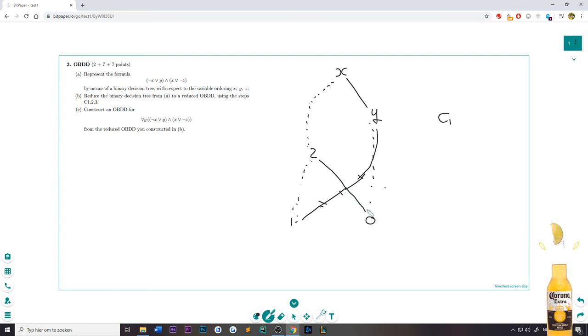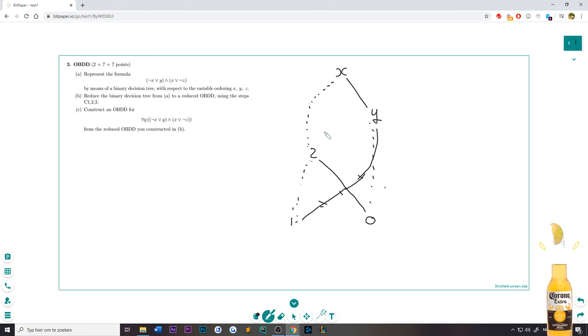Do people understand this? Are there questions about how to get to this? Well, you need to show these steps. Don't just show the final tree. Preferably show the steps.